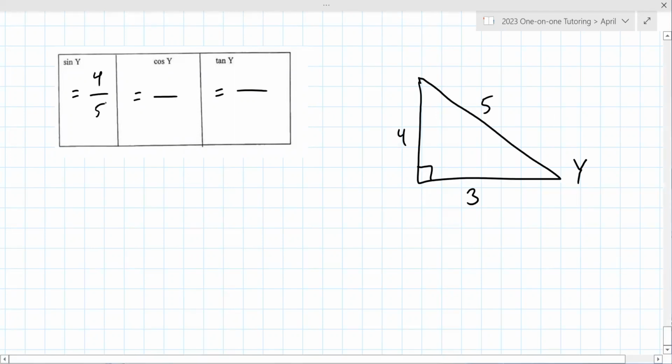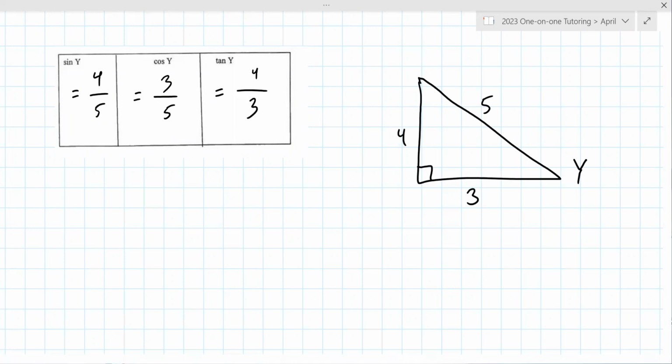Yes, good. And cosine, I got 3/5. Good. And I got 4/3 for tangent. Perfect. All right. Good job. Let me stop the recording here.